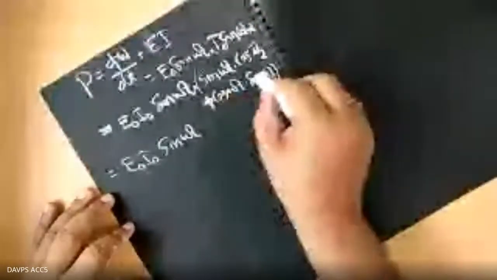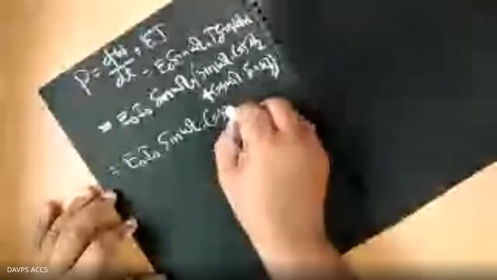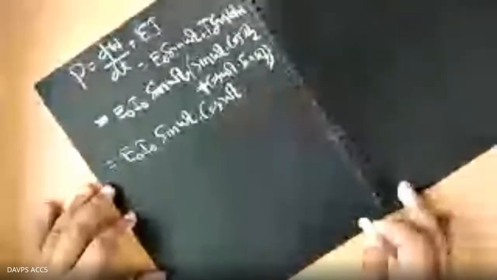Sin pi by 2 is 1, so that is equal to cos omega t. So that is what will be the dW.